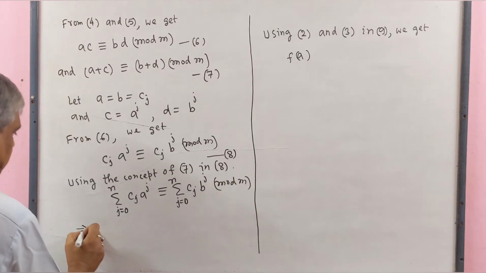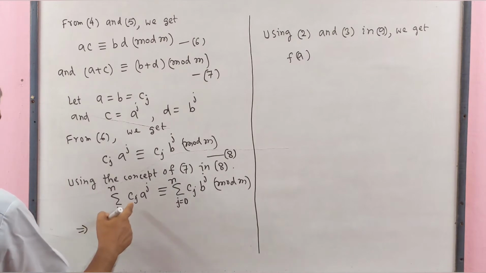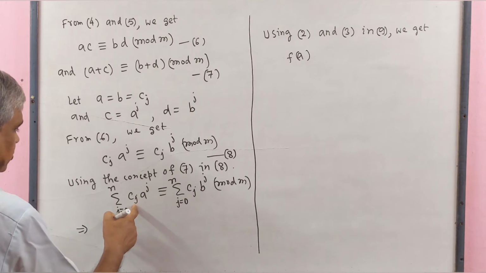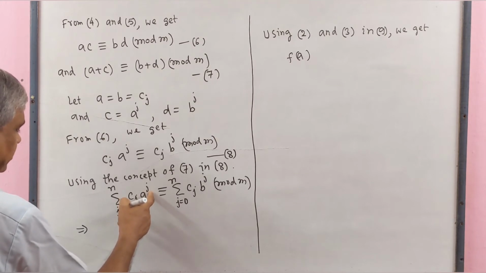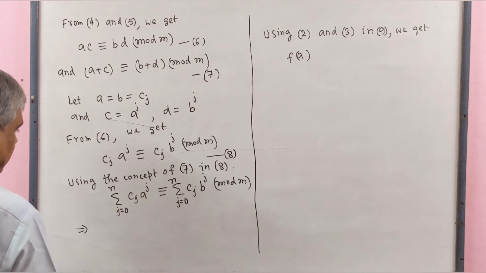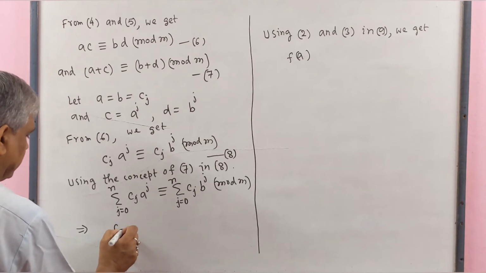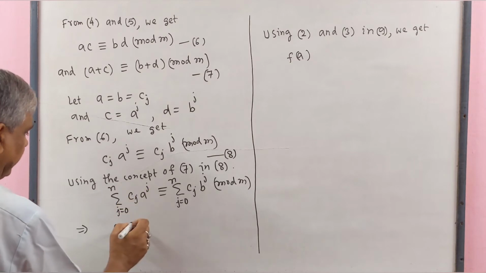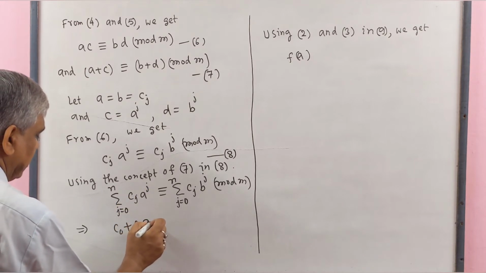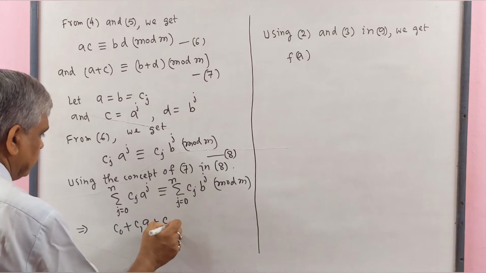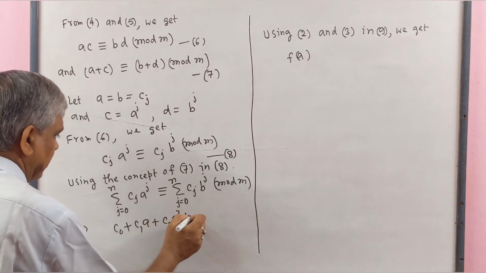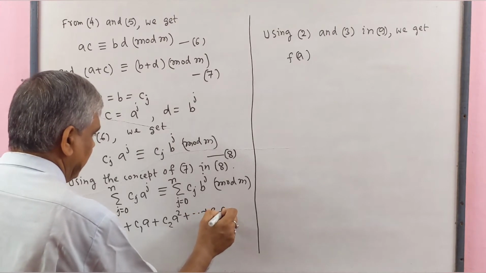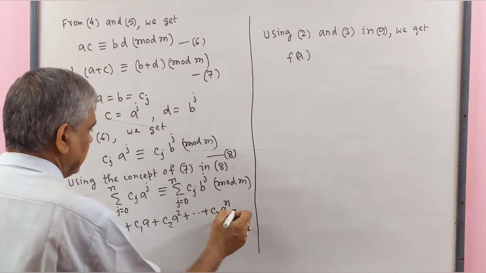implies that for j equal to 0, here we get c0, here a to the power 0 is 1. That means c0, putting j equal to 1, c1a to the power 1, means c1a plus c2a square plus dot dot dot plus cn a to the power n, congruent.